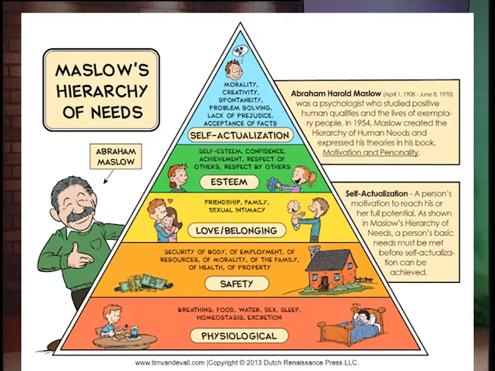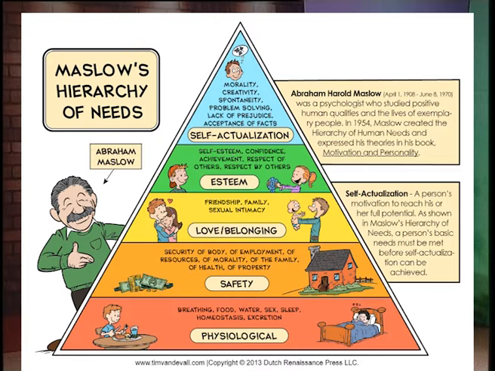First, physiological needs. These needs must be met in order for a person to survive, such as food, water, and shelter. Safety needs, including personal and financial security and health and well-being. Love and belonging, the need for friendship, relationship, and family.